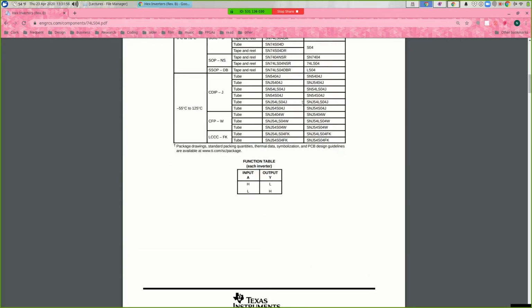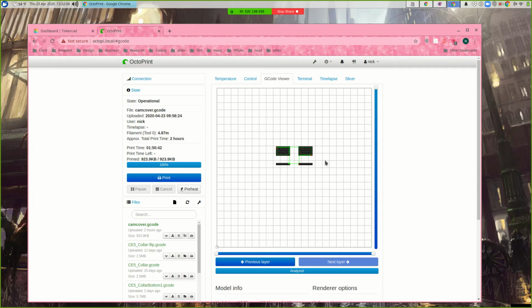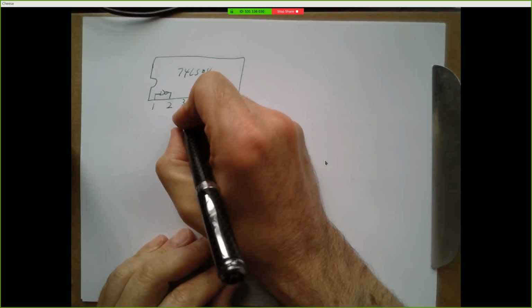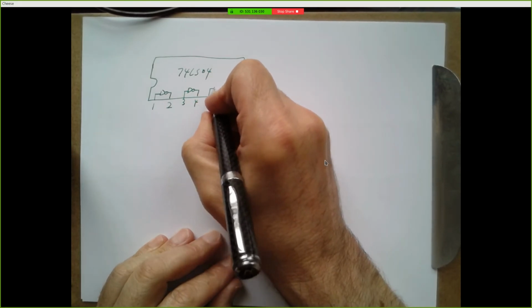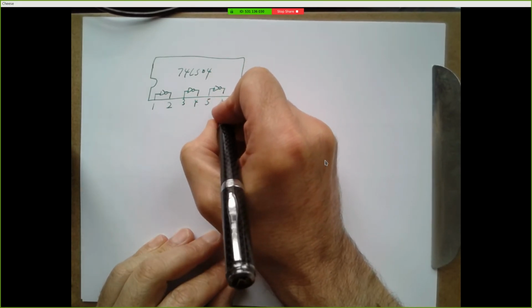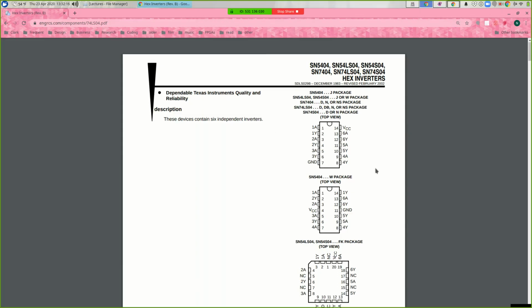And similarly, pin 3 goes to 4, pin 5 goes to 6. So I can think of this picture like this. Alright, but pin 7, that's labeled ground. And pin 14 is labeled VCC.